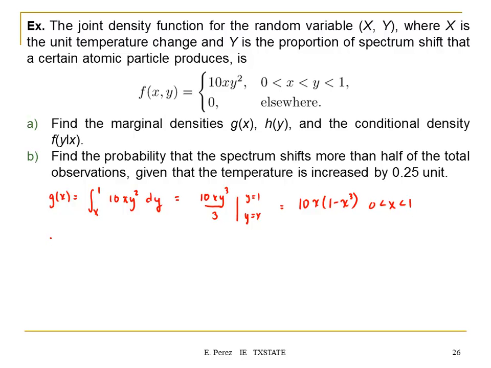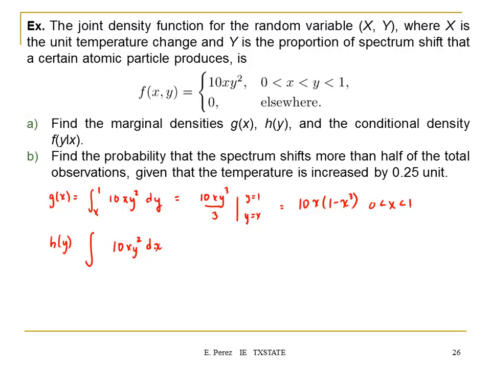Now we can find the marginal for y. Same thing, but in this case, what are the limits? Again, we have 10xy squared dx. So now we are integrating with respect to x. So what will be those limits? Correct.